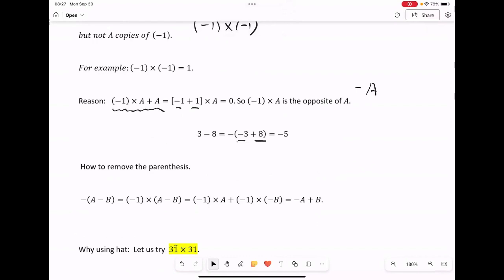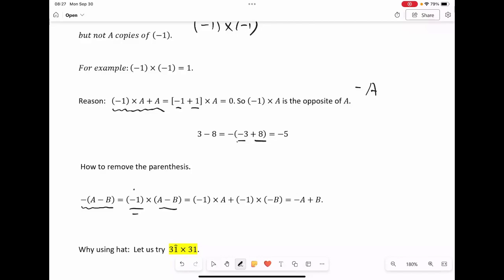Typical example is when we tell students how to remove the parentheses. People will forget to change the sign for the second number. For example, if you look at -1 times (a minus b), essentially it is -1 multiplied by (a minus b). Now since it's multiplication, we have the so-called distributive rule.